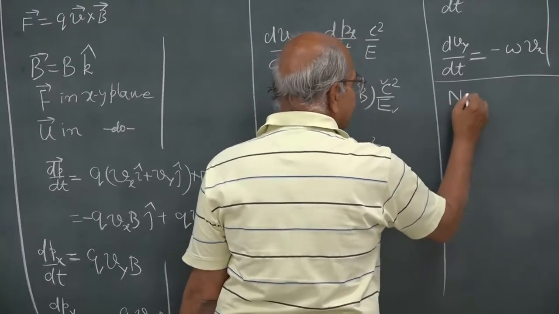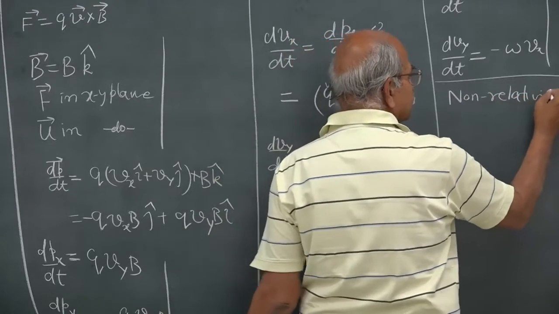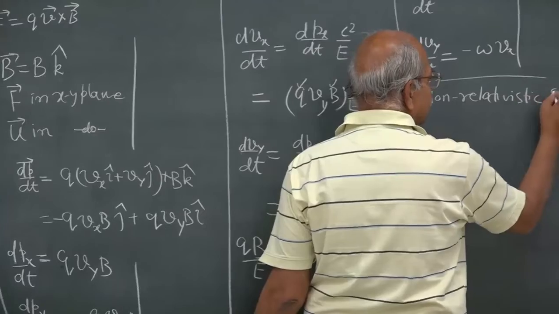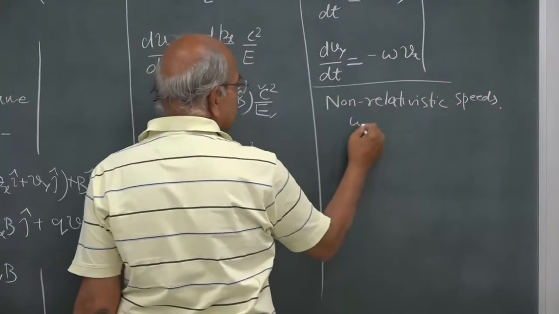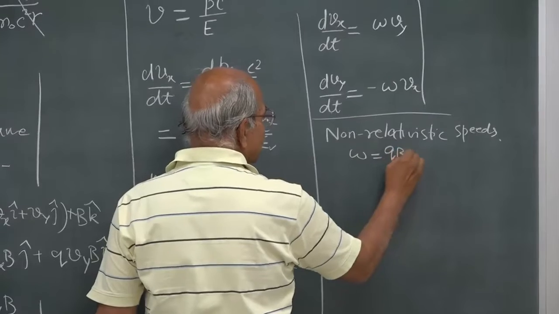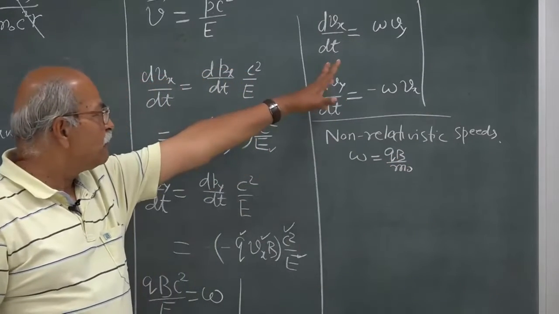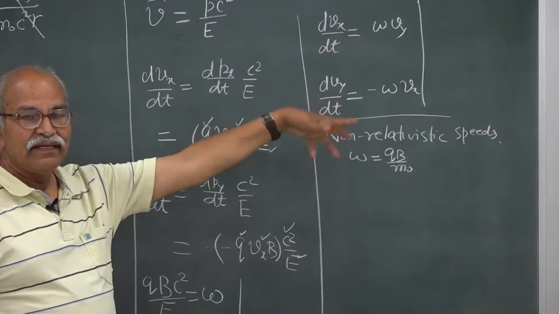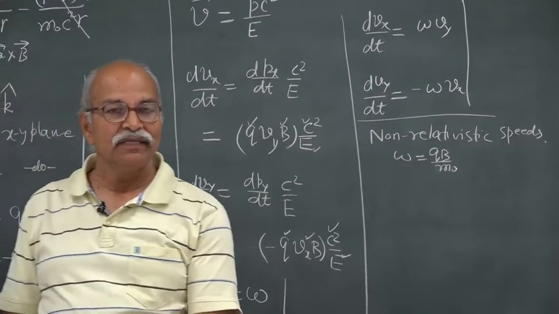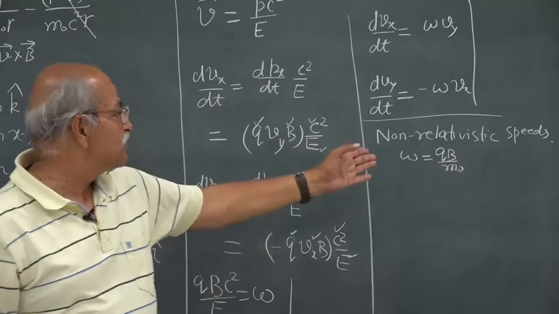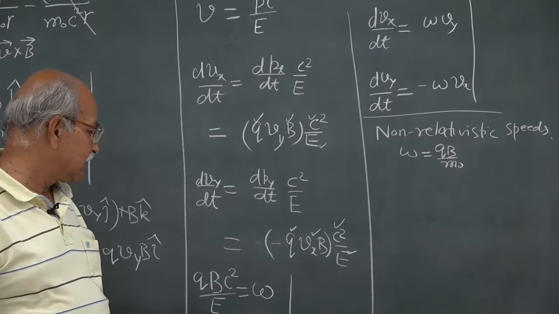If you are in the non-relativistic region, at non-relativistic speeds, then you get the same equation with omega as qB by mass. So, in terms of omega, everything is identical, and therefore, this will again be a circular path, and the angular frequency will be given by this quantity qBc²/E.